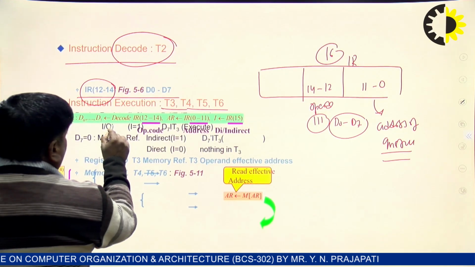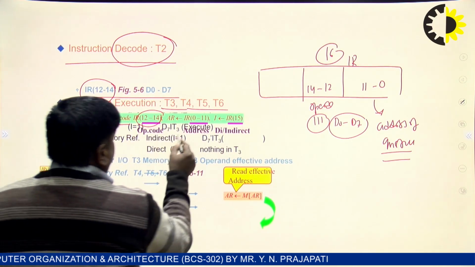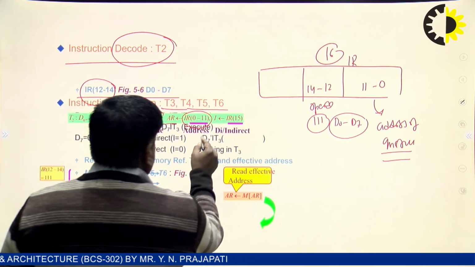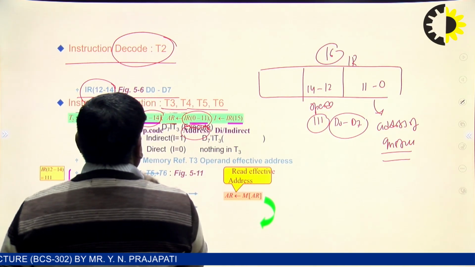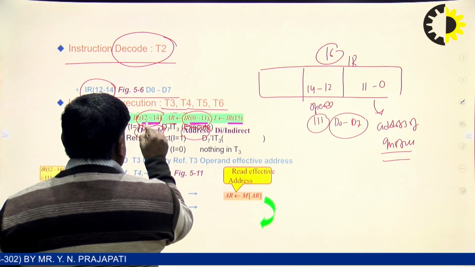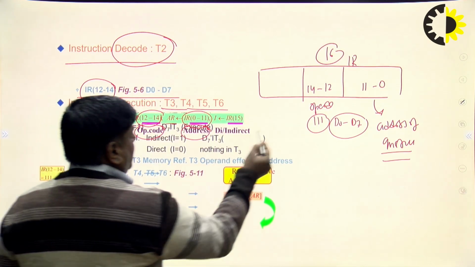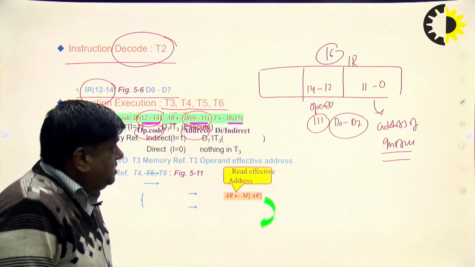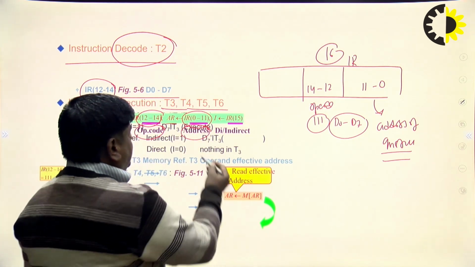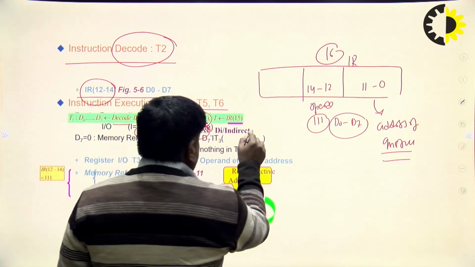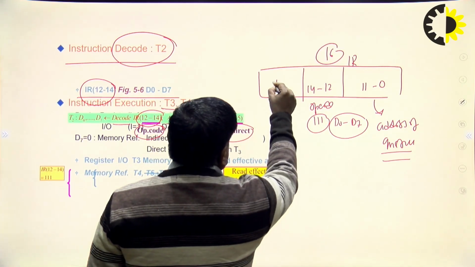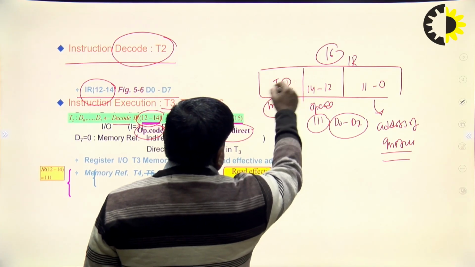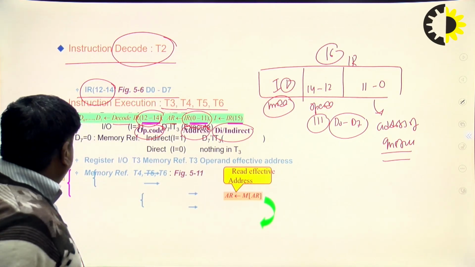And now this one is very important, it is known as the mode of the instruction, which is 1 bit, that is I.